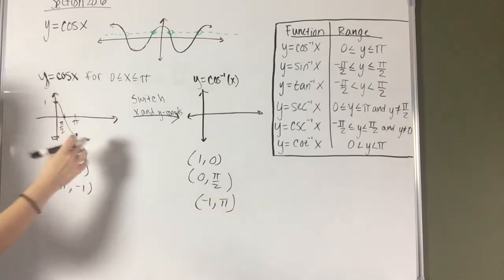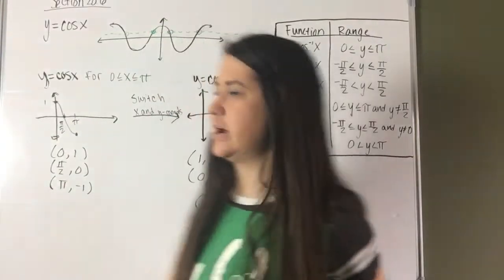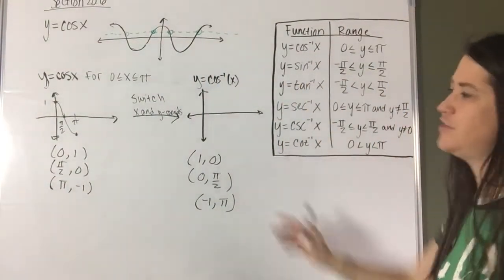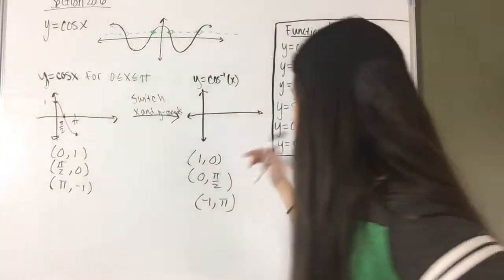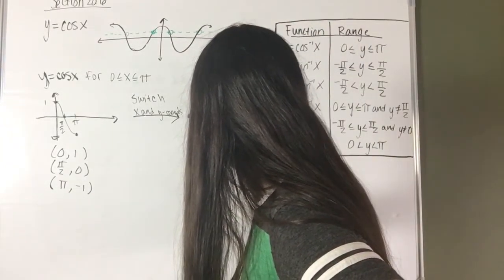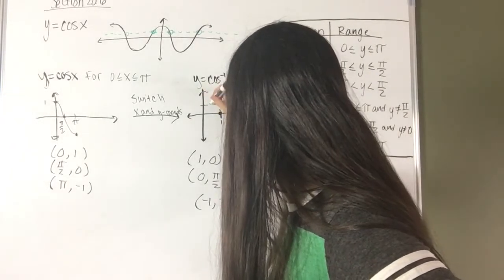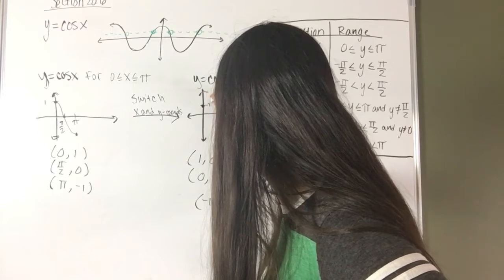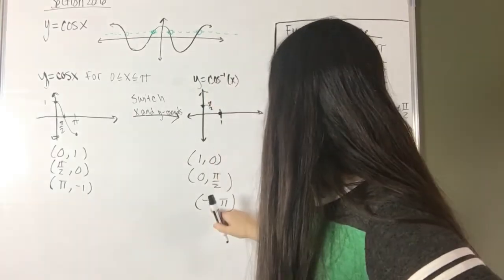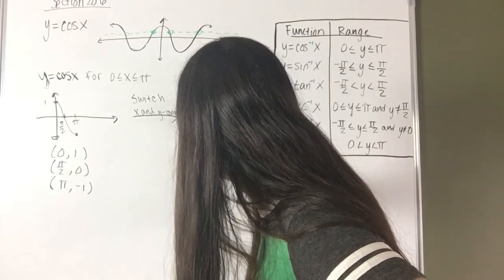Of course, those aren't the only points on the graph, but those are what we're labeling as our important points on the graph. All right, let's plot these and see what it looks like. So 1, 0, we'll put that right here. So we'll say that's 1. 0, pi over 2, put that right here. So that makes this pi over 2 on the y-axis. And then -1, we'll say -1 is right here.